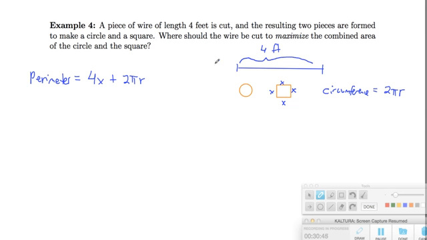Well, we do have the criteria that the perimeter needs to be 4, right? So I can solve for the radius by subtracting 4x on both sides. 4 minus 4x equals 2 pi r. And then just divide both sides by 2 pi.